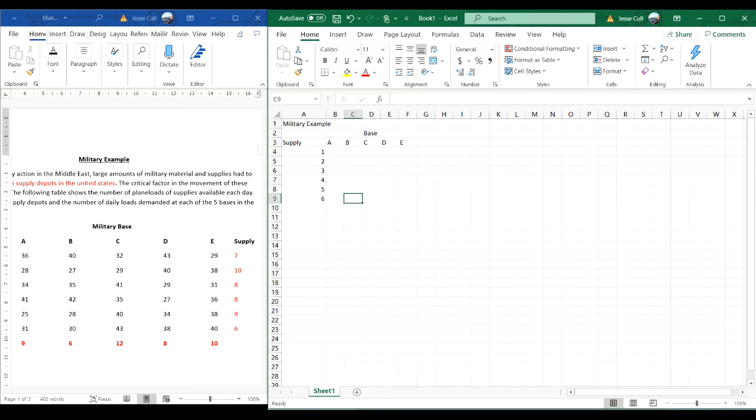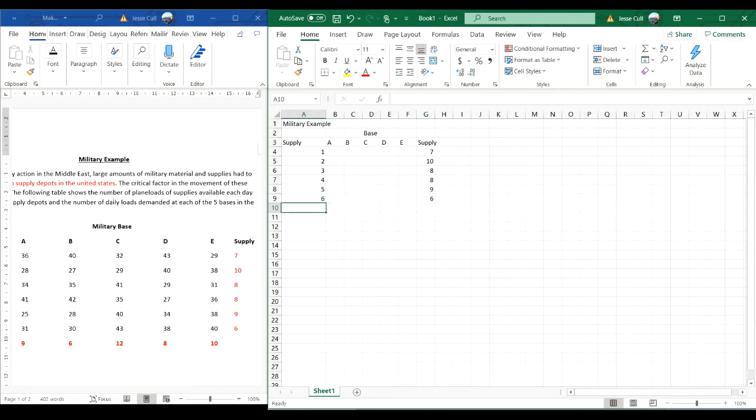All of this information will remain empty because these are decision variables that the computer will compute for us. But we do have supply, and we see supply is 7, 10, 8, 8, 9, 6.